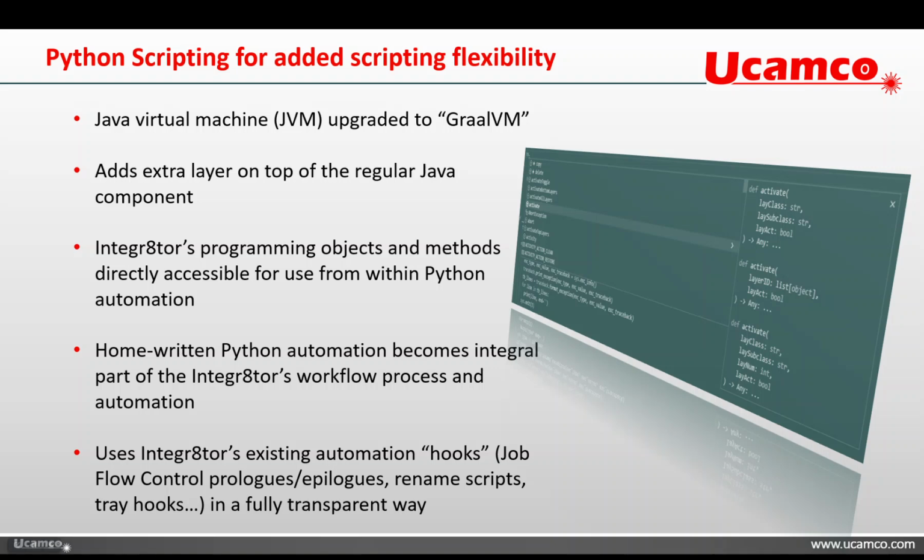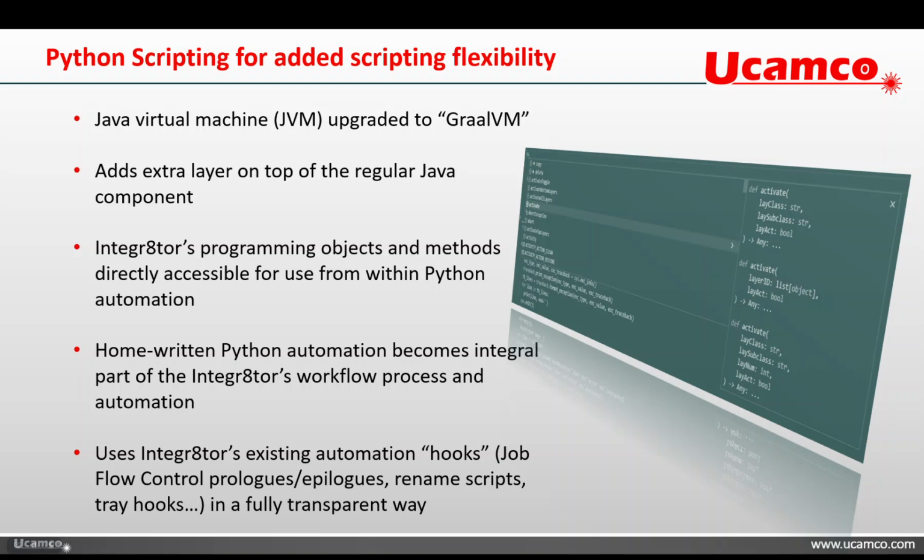Now, what we have done in this release is basically we have swapped the Java virtual machine, the internal Java virtual machine in which Integr8tor runs, has been upgraded to a product which is called Graal VM. And what that does is basically it contains an extra layer, you could say, on top of the regular Java component, which is typically part of the Java virtual machines.